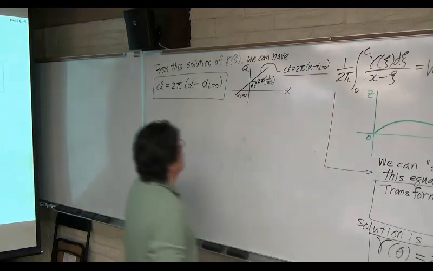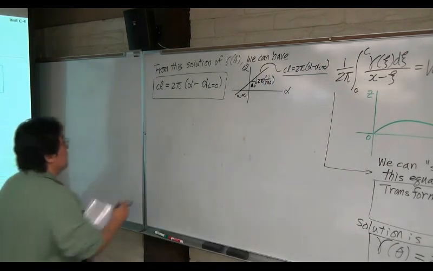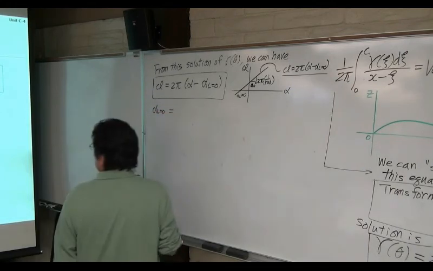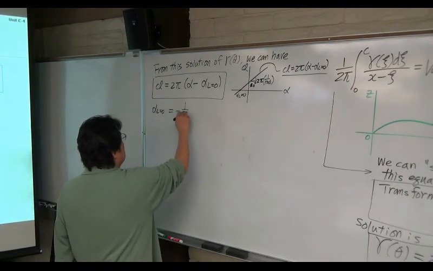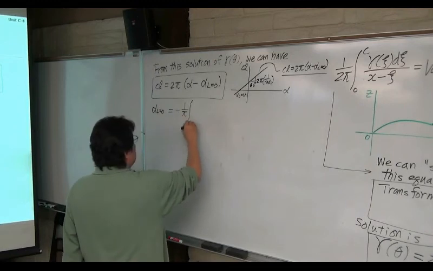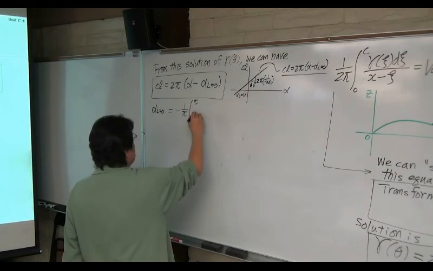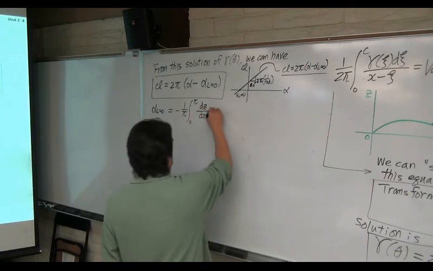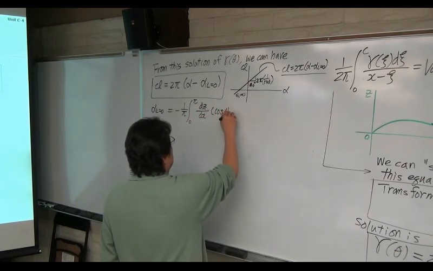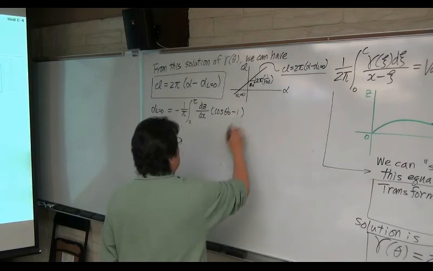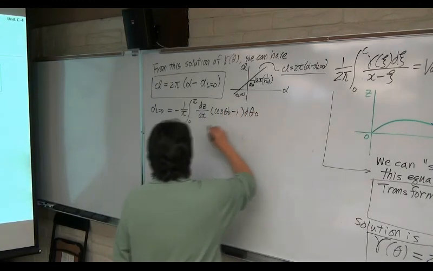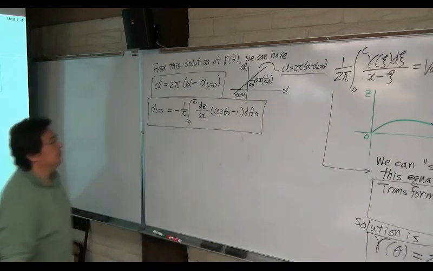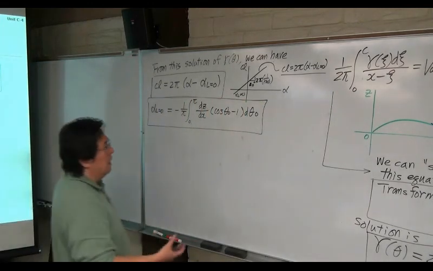Then the question is, alpha 0 left, what is it? Alpha 0 left can be given by minus 1 over pi integral from 0 to pi of dz/dx times cosine theta 0 minus 1 d theta 0. So how do you find this?